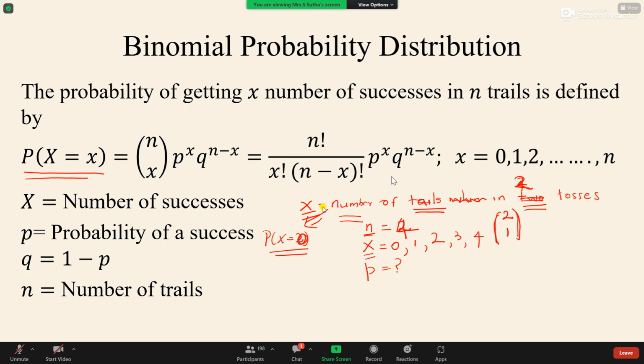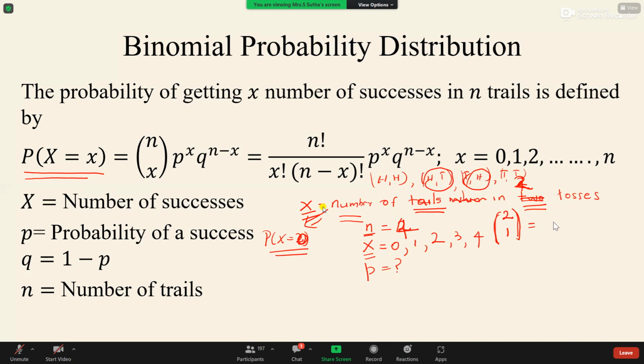You will get H comma H in 2 tosses, or HT, or TH, or T comma T. But here we are looking at it without order.